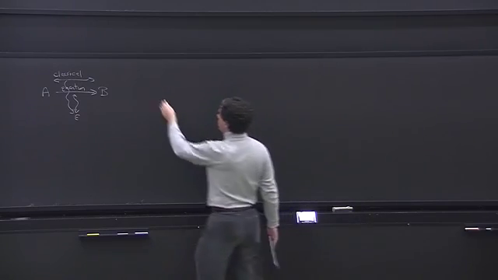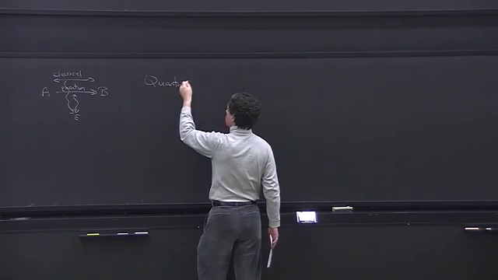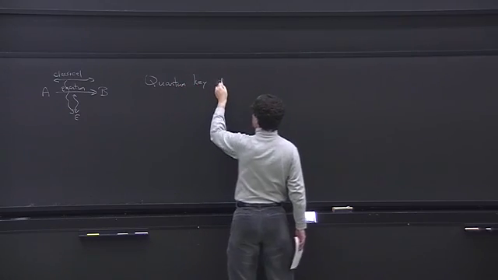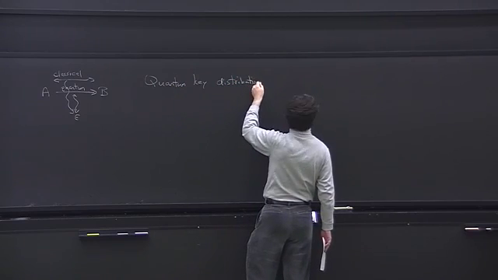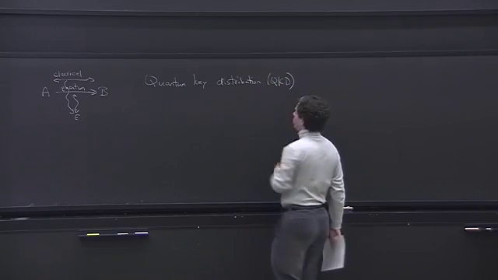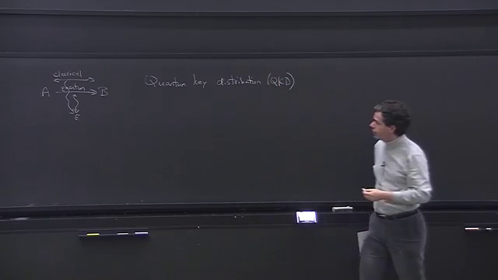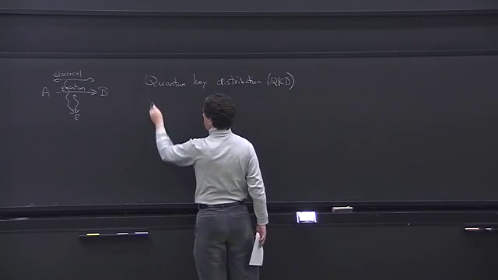And so in quantum key distribution, which is almost always abbreviated QKD, Alice and Bob are going to set up a secret key.